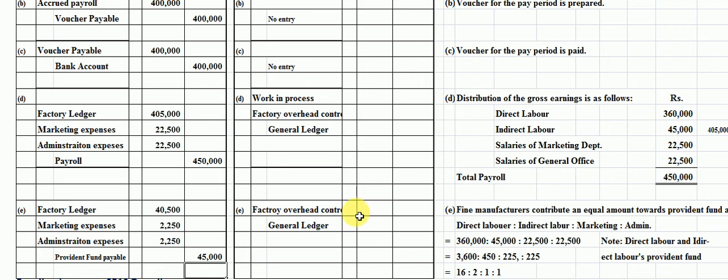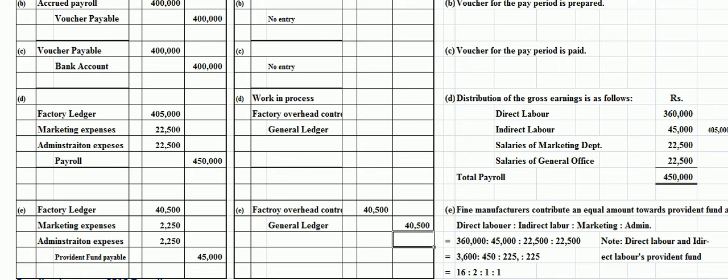Now we move to the factory office books here. The entry will be passed in this manner. Factory overhead control 40,500 rupees and the general ledger 40,500 rupees here.